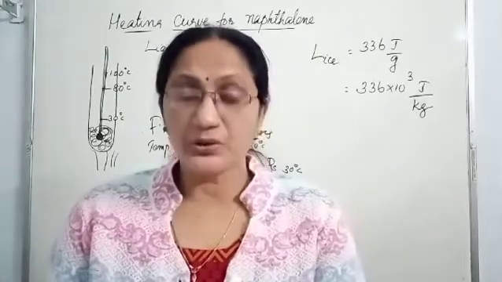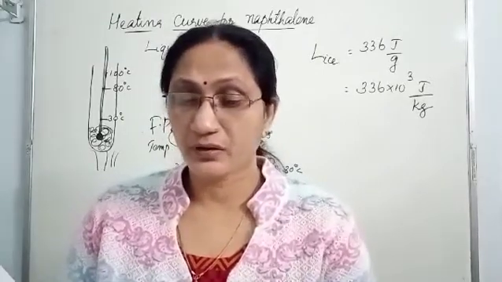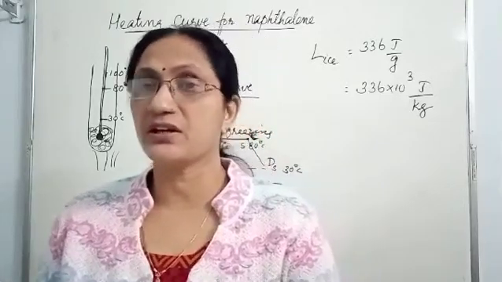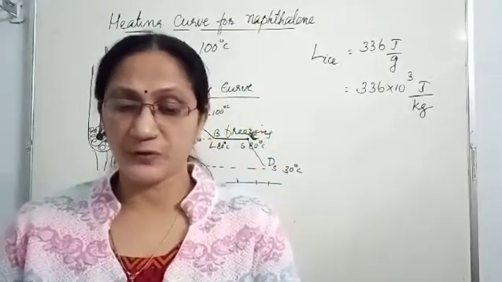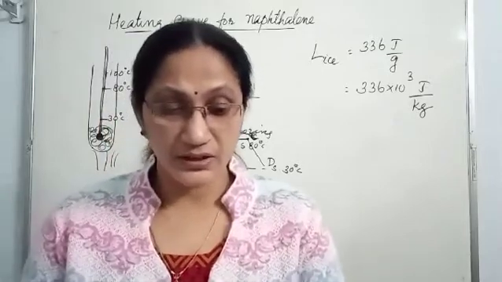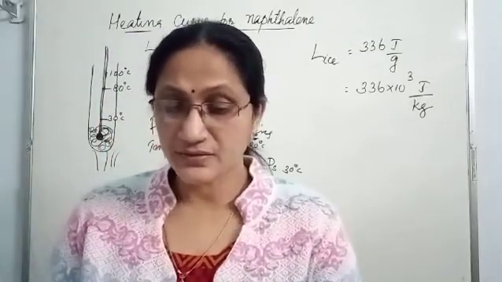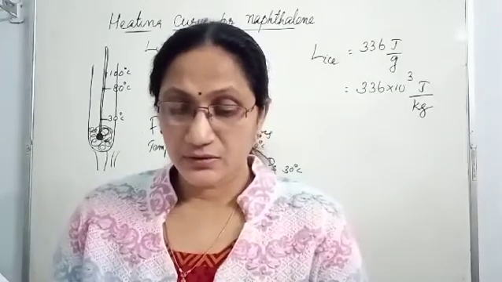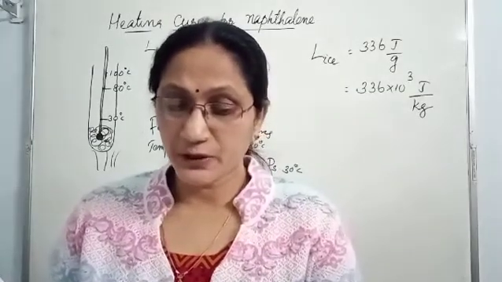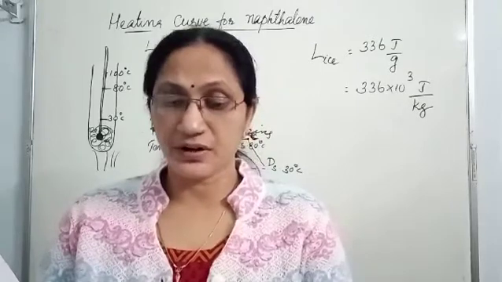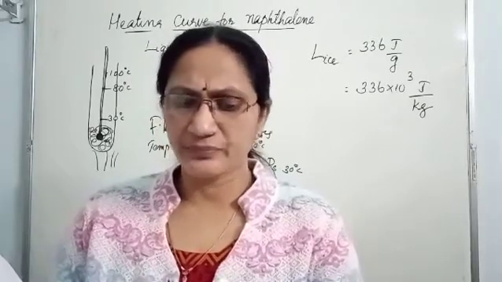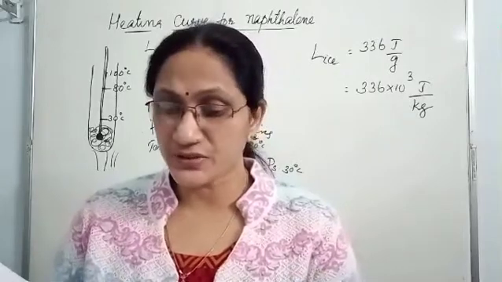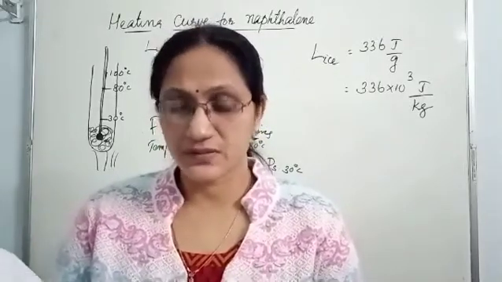Then page number 252, consequences of high specific latent heat of steam and measurement of specific latent heat of ice. Measurement of specific latent heat of ice, that experiment is there, but consequences of high specific latent heat of steam is removed from the syllabus.